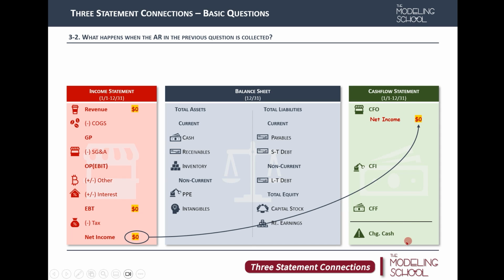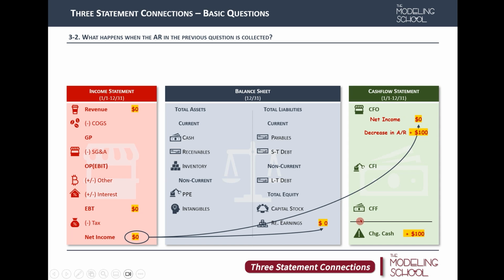However, now from the cash flow statement's perspective, we have collected $100 worth of cash. So again, there are differences from net income to changes in cash balances, and we have to make adjustments somewhere, which in this case, we're going to write decrease in accounts receivables, and it's going to be a positive adjustment worth $100.